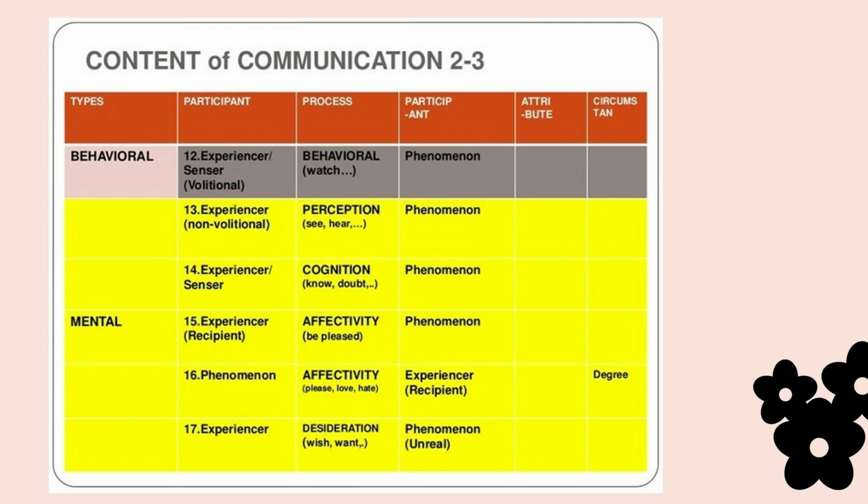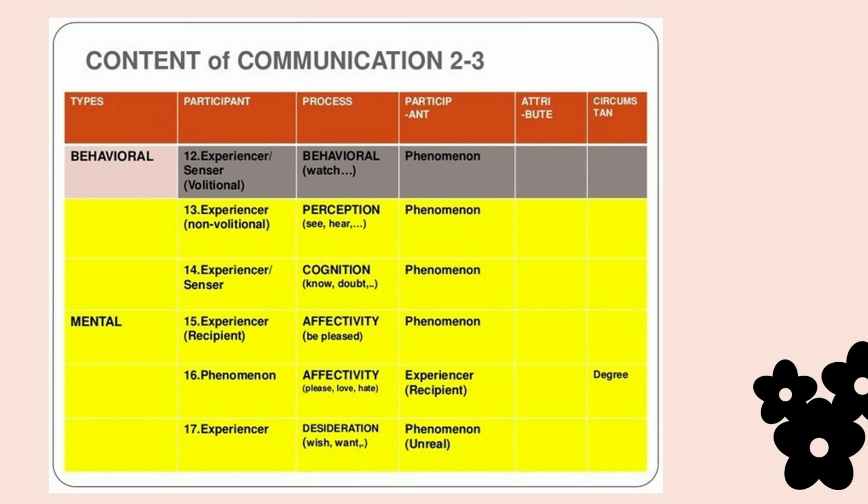The second type of content of communication is mental. The participant is called experiencer, for example, recipient. The process is affectivity, and the participant is called phenomenon.